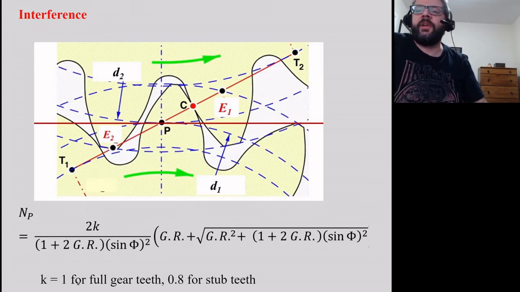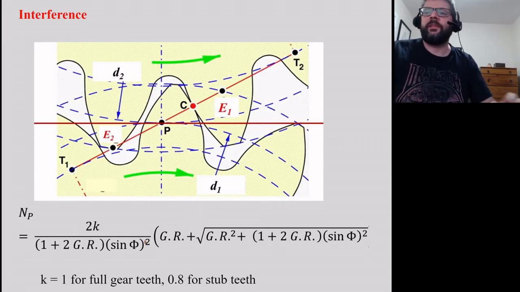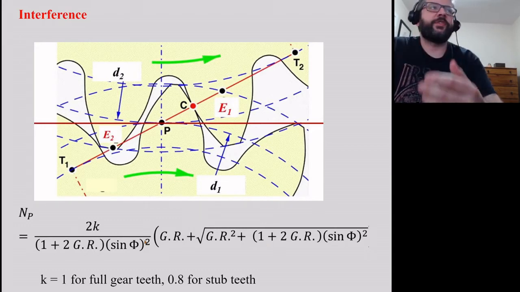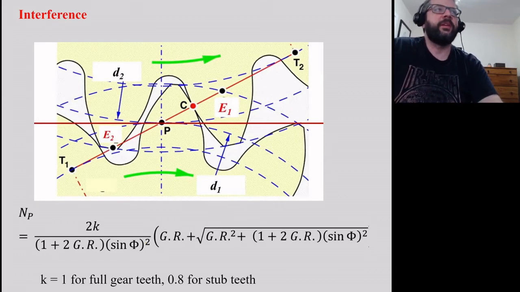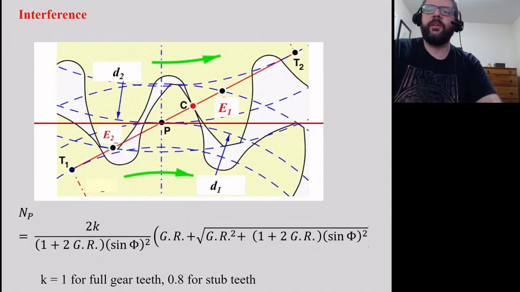This K value is 1 for full gear teeth, 1.8 for stub teeth. And then the other values are again our pressure angle and our gear ratio, and that's it. So as long as you're using a sufficiently large number of teeth on your pinion, and remember the pinion's the one with the fewest teeth of the meshing pair, then we can avoid interference.